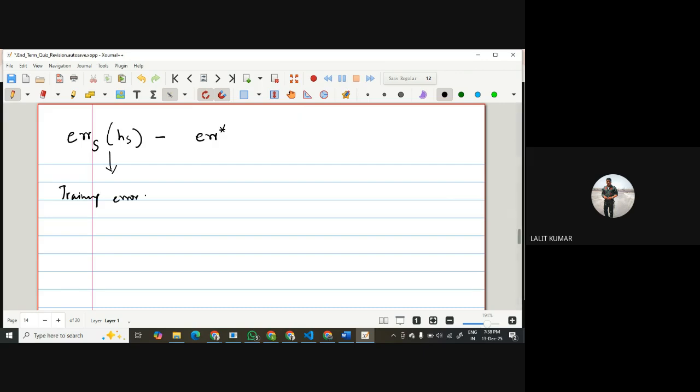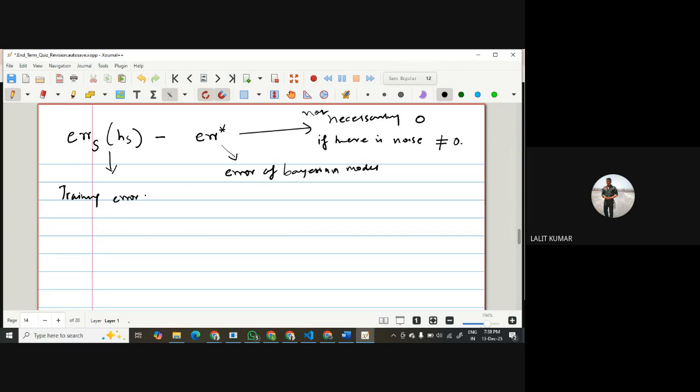This is of your error of the Bayesian model. This is not necessarily 0. If there is noise, then it will never be 0. If there is no noise and there are clear boundaries, then it can be 0.